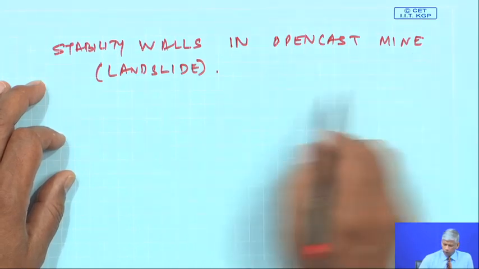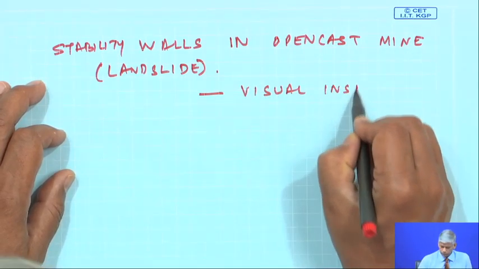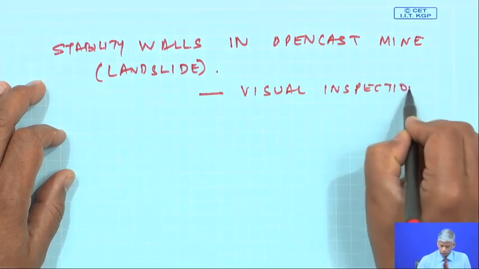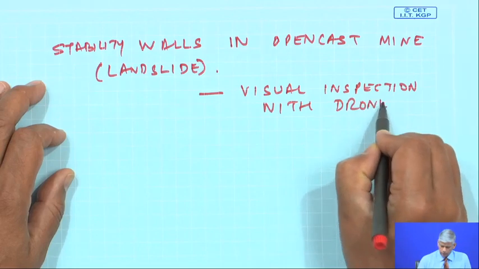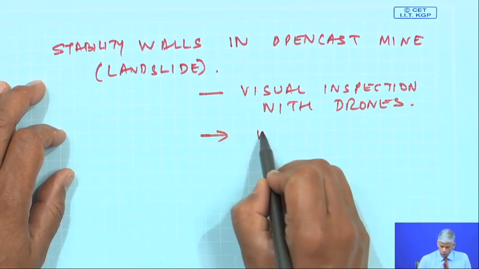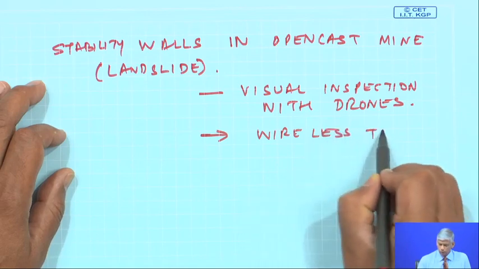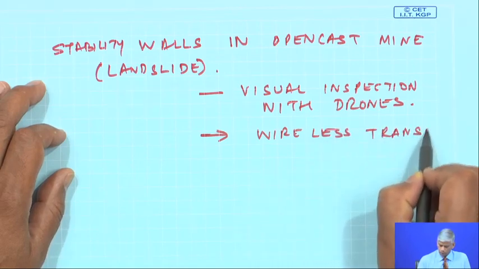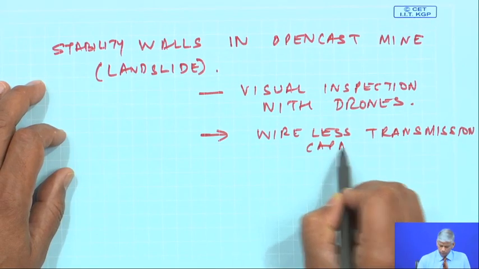These are visual inspections with drones having wireless transmission capability.